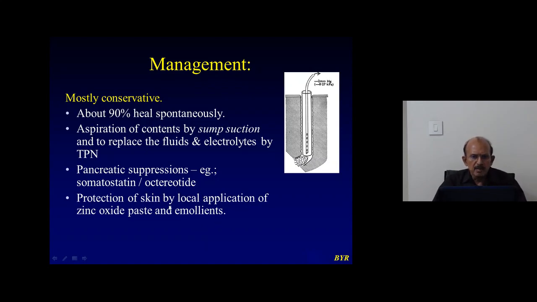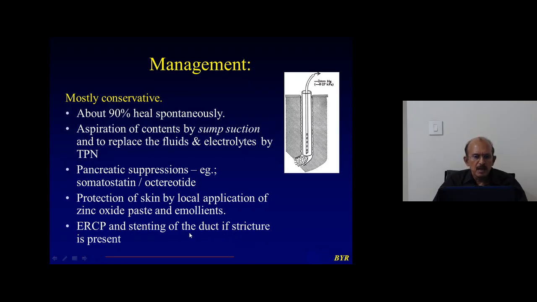You have to protect the skin by local application of zinc oxide paste and other emollients. If there is a stricture, the fistula will be continuously present. That's why you do ERCP followed by stenting of the duct if stricture is present.